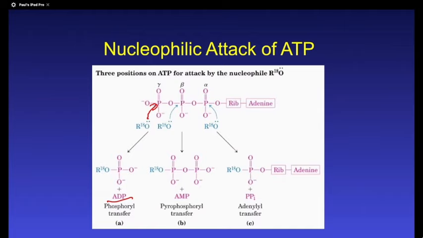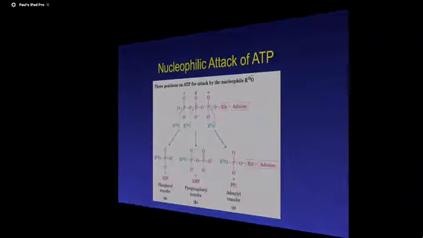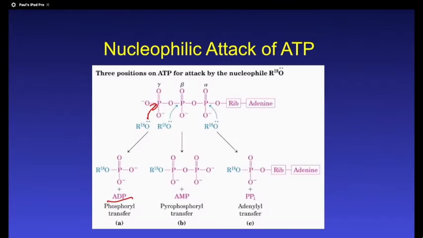On the other hand, the second most often one that is reacted is the alpha. And if it attacks there, what falls off is 2 organic phosphates. So what falls off is that portion. And what gets added is 1 phosphate, which is that phosphate, the ribose sugar, and the adenine base.